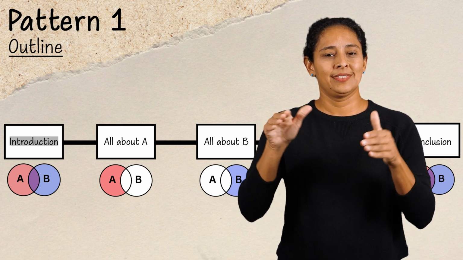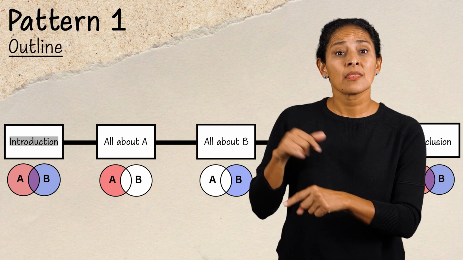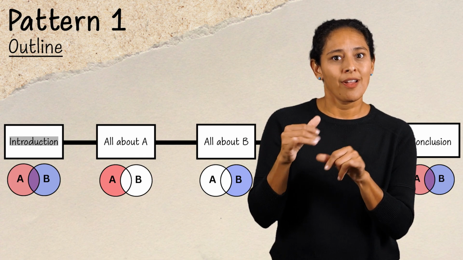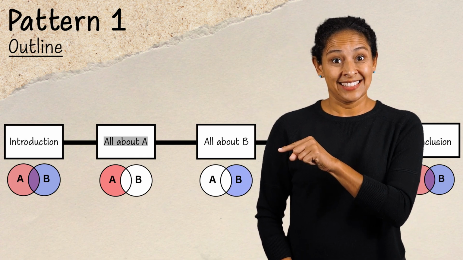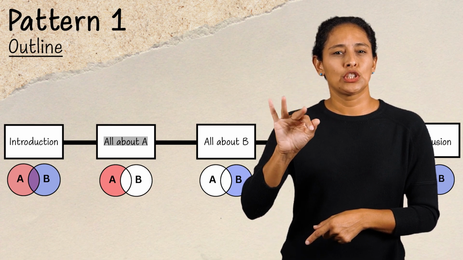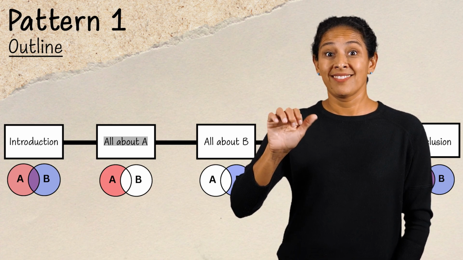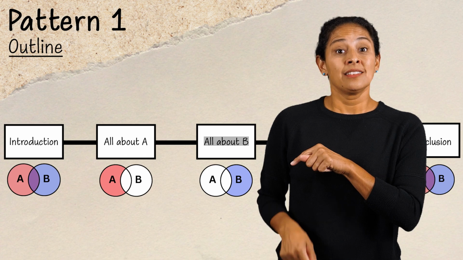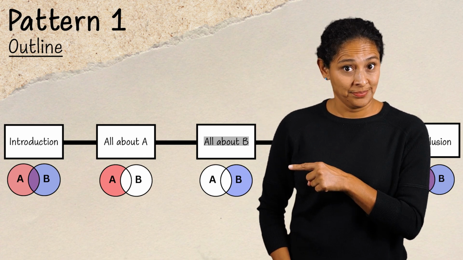We would start with our introduction, where we would talk about how our topic has similarities and differences. Then we would shift and describe all about topic A. After that, we would describe all about topic B.